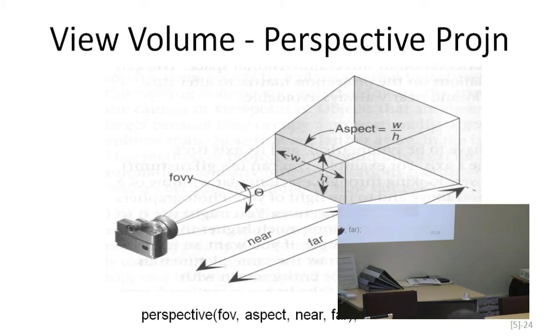If you've got a lot of geometry, before having to convert it from the 3D coordinate system to your 2D coordinate system, you can just say, okay, if it's not in this box here, let's just throw it out. And it's the same thing for the far clipping plane. Anything further than the far clipping plane will not get rendered.